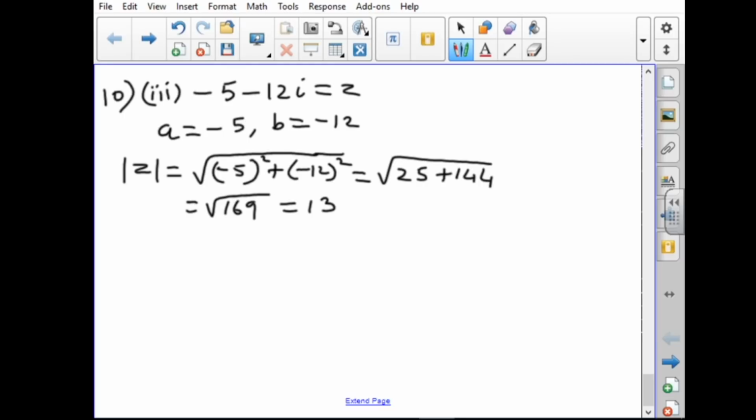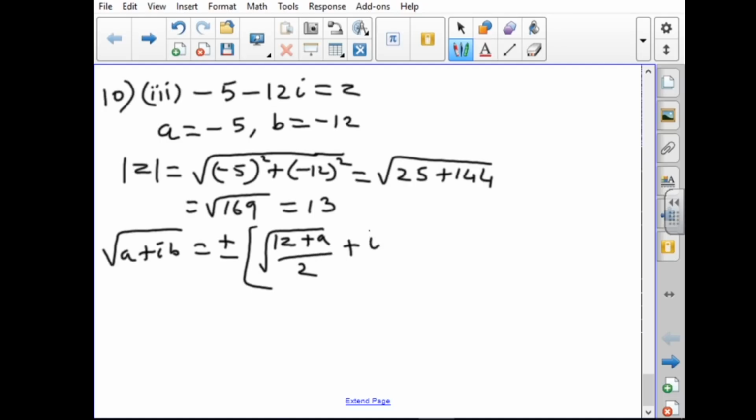So, now we will take the formula. Square root of a plus ib is equal to plus or minus square root of (modulus of z plus a) by 2 plus i into b by modulus of b into square root of (modulus of z minus a) by 2.